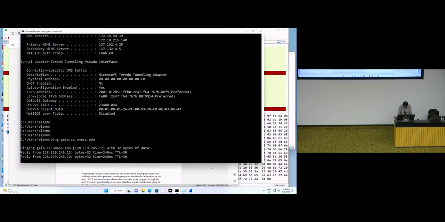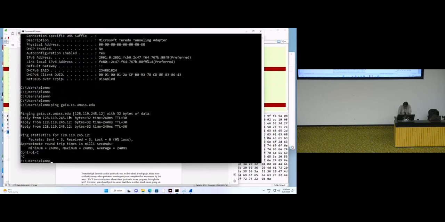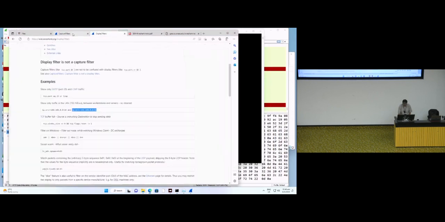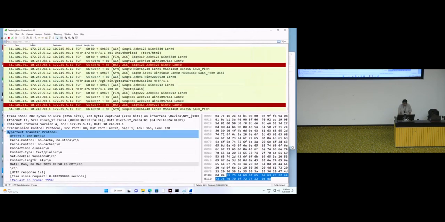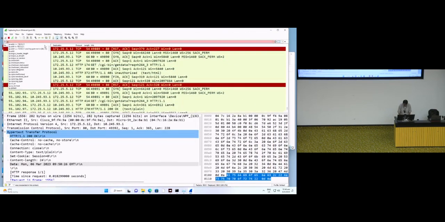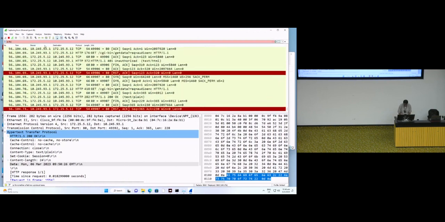So we want the address to be this. And the syntax was, if I go back here, the display filter, ip.dest equals this. Okay, so let's do that. ip.dest.